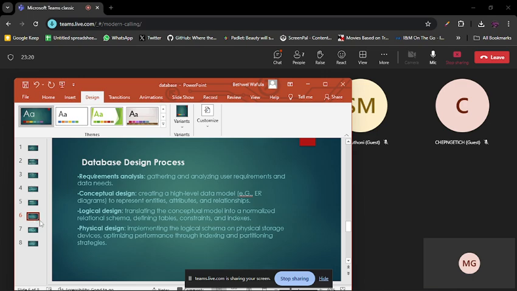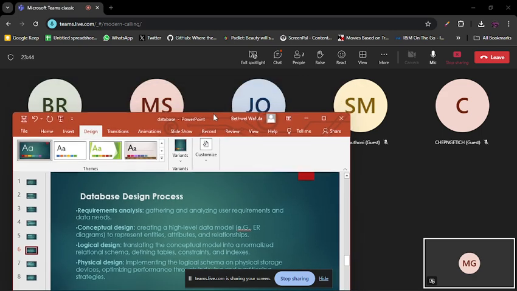If we are talking about a design process, we are designing a database. You will require some features and processes to be able to solve a problem in a company or database setup. For example, you have here a logical design, physical design, conceptual design, and requirement analysis.